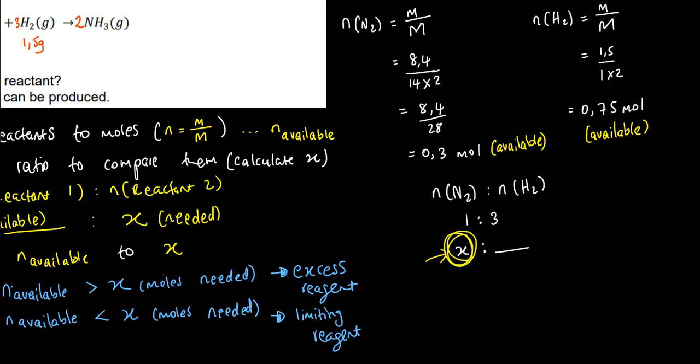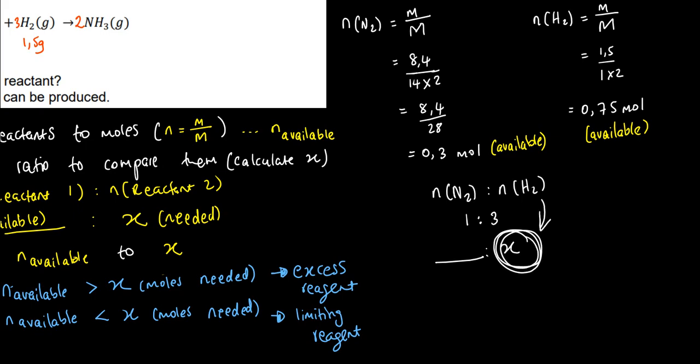But if you put this X under hydrogen, then you're going to substitute here. So here you'll be calculating the moles of hydrogen that is needed. So it's totally up to you which one you want to use, or which one you want to calculate for.